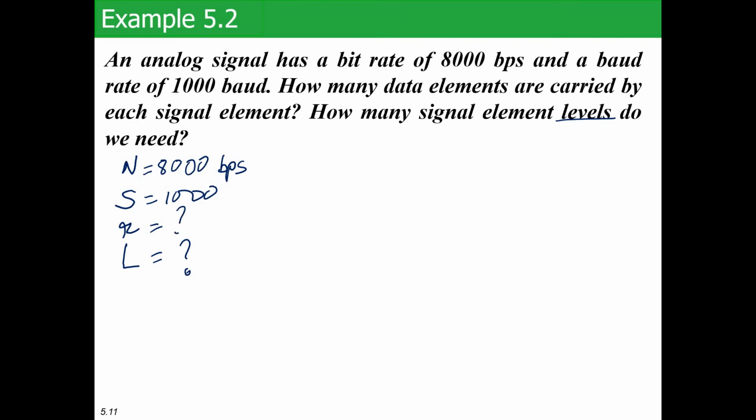Alright, and then we already have the formula. S is equal to C n by R, but C equals 1 in digital to analog conversion.